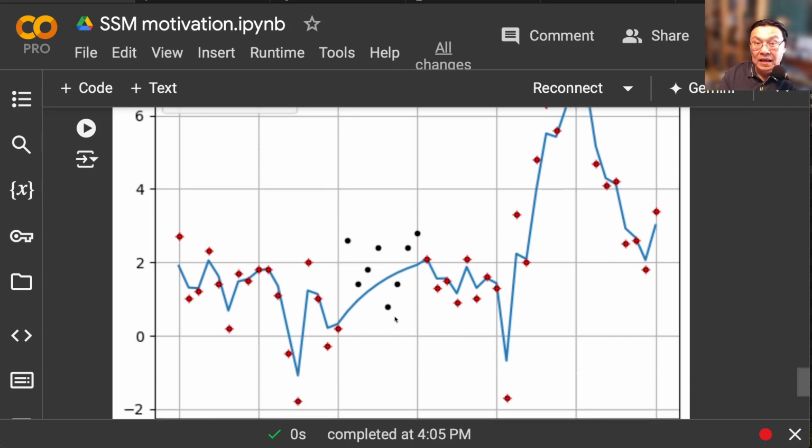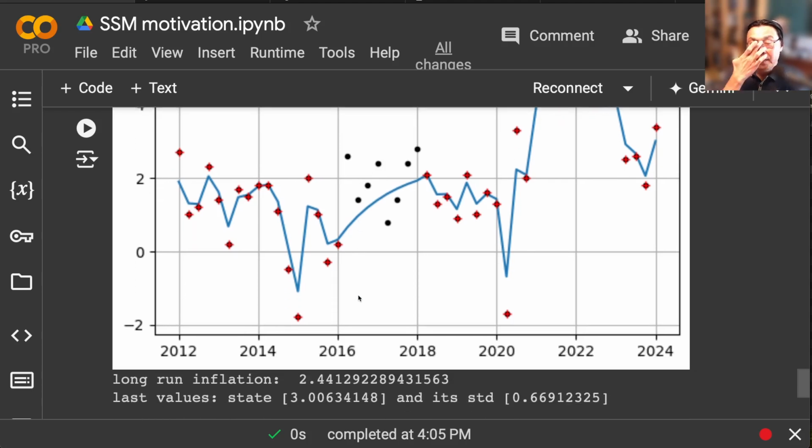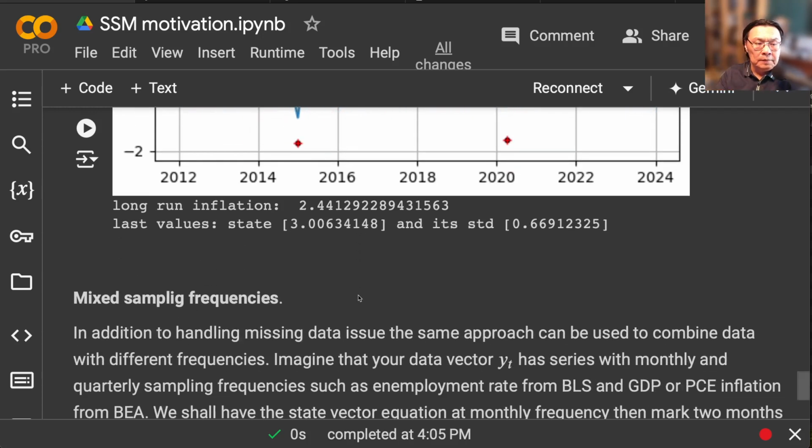It's missing data, but I am still able to estimate my state. So the missing data was not an issue in estimating my state. This is a very simple way of handling missing data for this case. But again, it can get quite complicated if you have a vector regression.